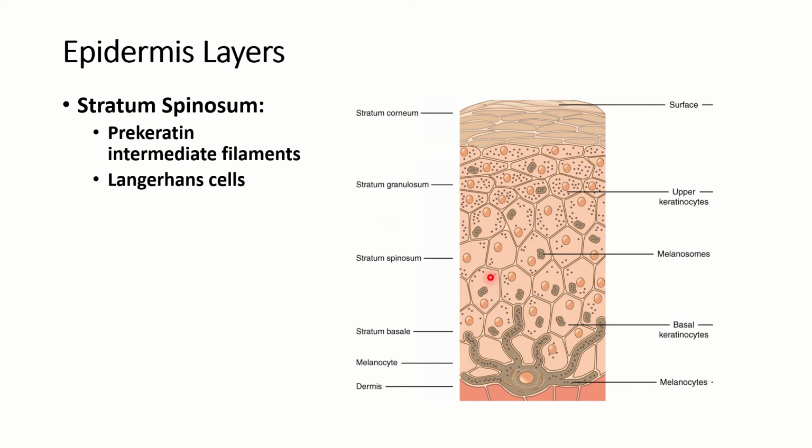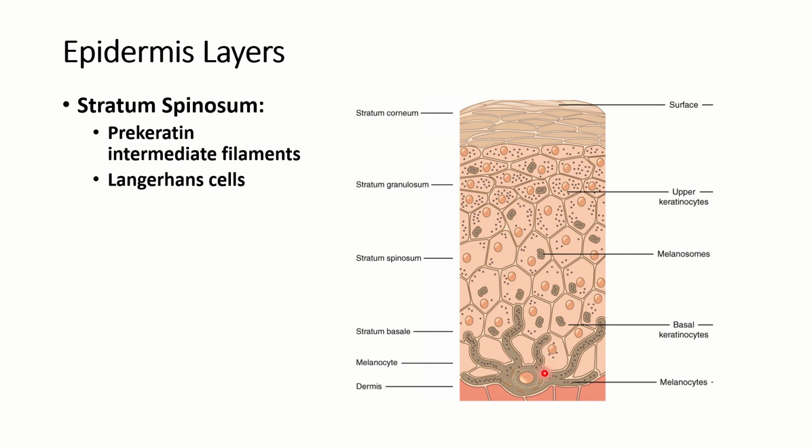It also has some Langerhans cells. It's not here in this image, but these are immune cells. So anytime any foreign chemical or a foreign organism comes in contact with the skin, these cells are activated. So these are inflammatory cells and activating other immune cells.